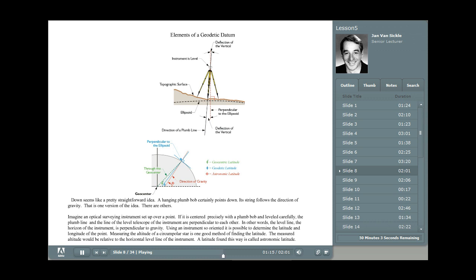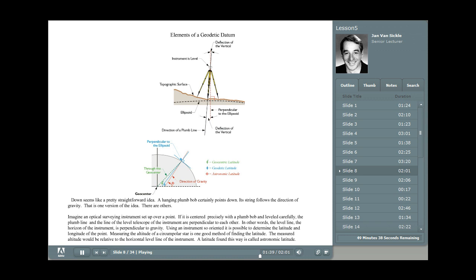Now in the lower image it is the blue line, the one that is perpendicular to the ellipsoid, that is the line that we normally use to define latitude. This is normally called geodetic latitude.